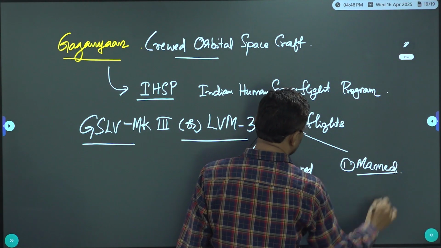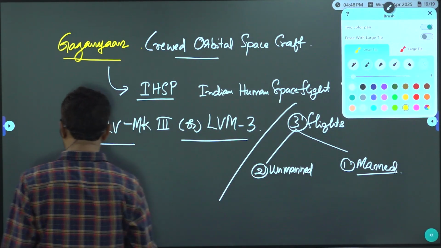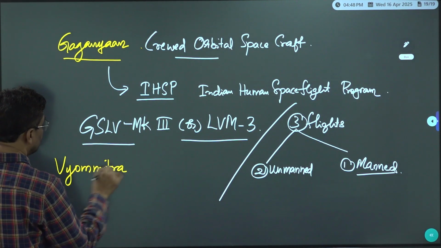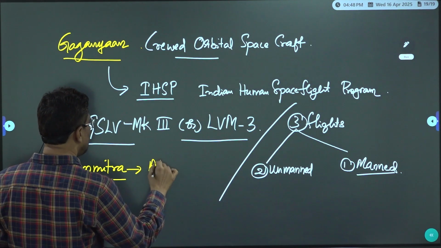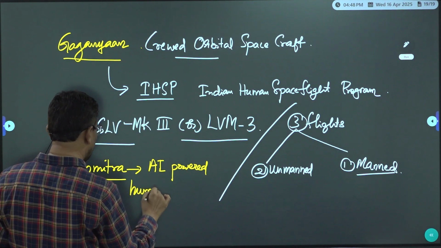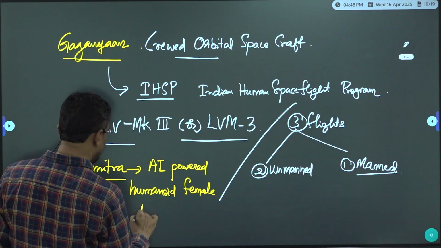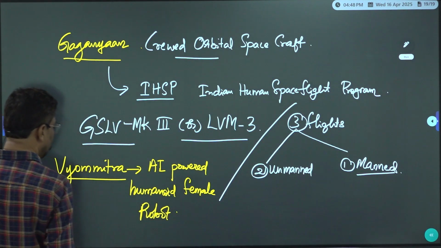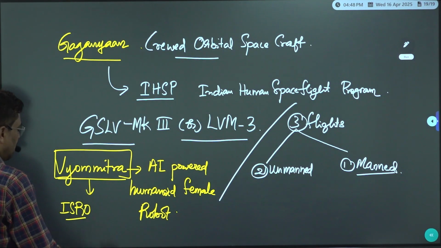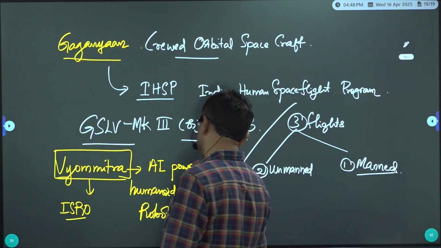In that, an AI powered humanoid female robot called Vyomitra, developed by ISRO, will be sent as a part of the Gaganyaan unmanned mission.